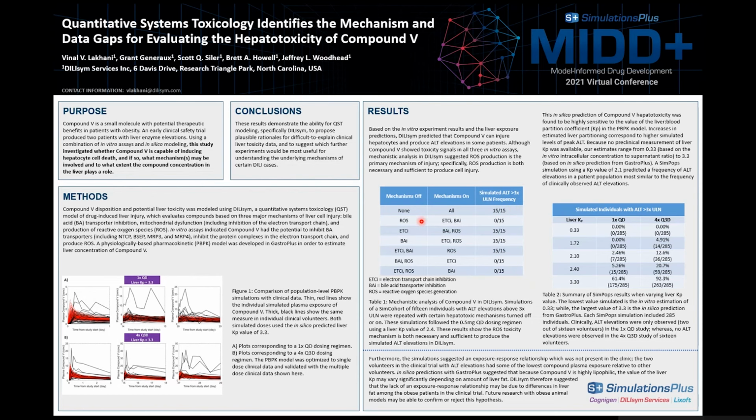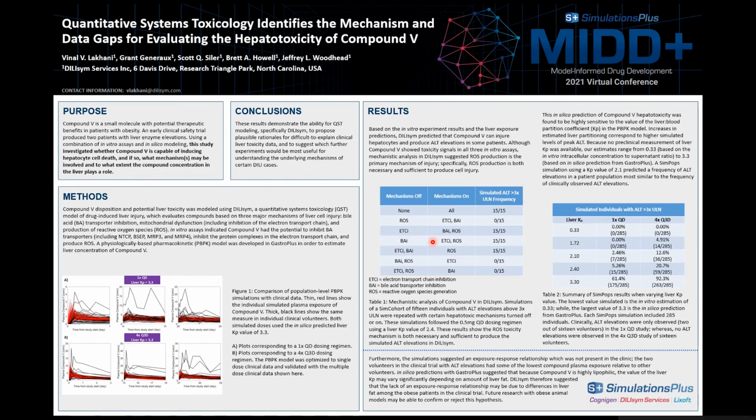The second row shows the ROS mechanism being turned off. So the compound is no longer simulated to be producing oxidative stress, but is still causing inhibition of the electron transport chain and inhibition of bile acid transporters. In that scenario, you no longer get any of those 15 individuals with ALT elevations. And we repeat that with turning the ETC, or electron transport chain inhibition, off, and then separately the bile acid inhibition off.